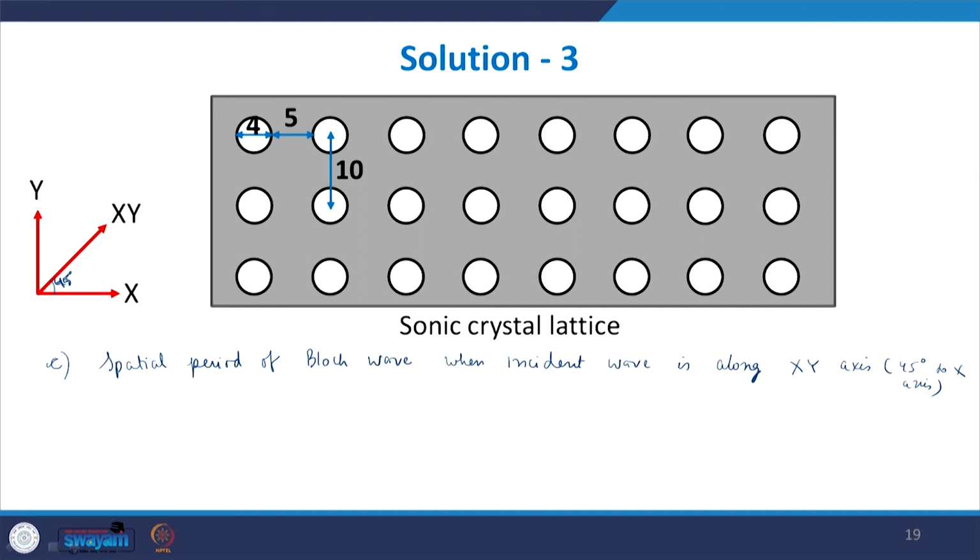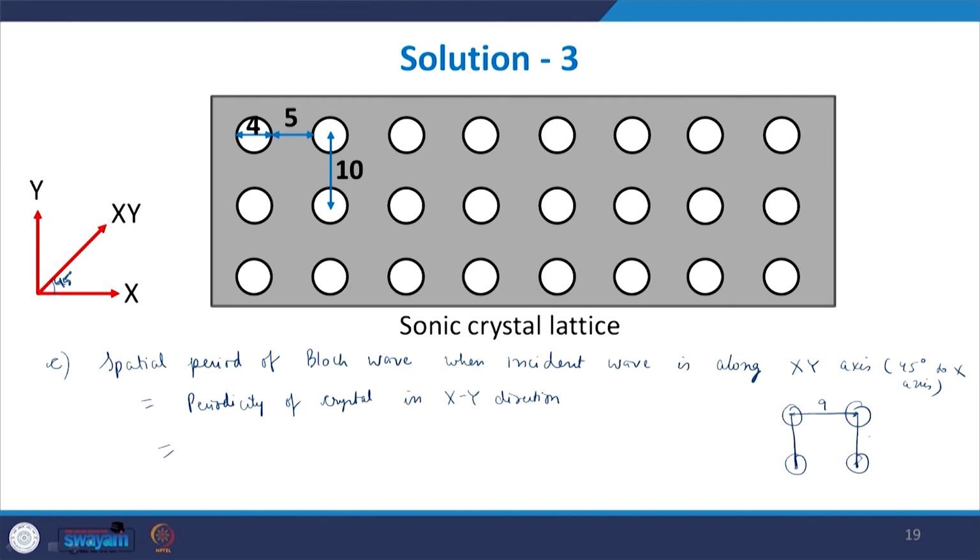So it will be equal to the periodicity of the crystal in this particular direction. And how do we solve it? Let me take this particular case here. This is how the arrangement is, and this distance here is 9 and this distance is 10.